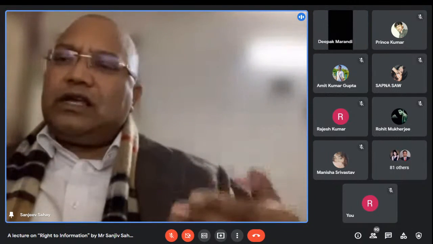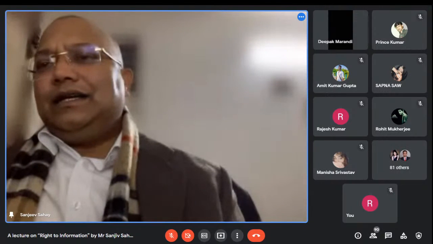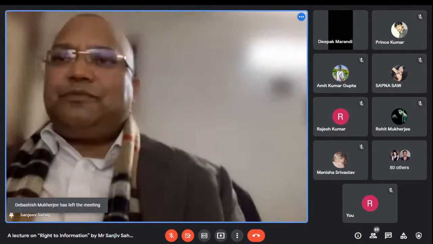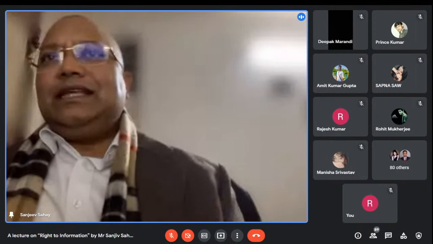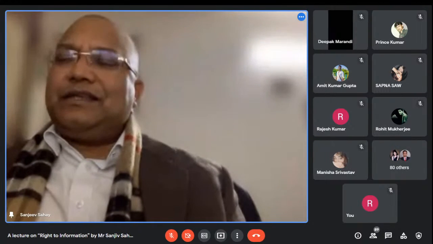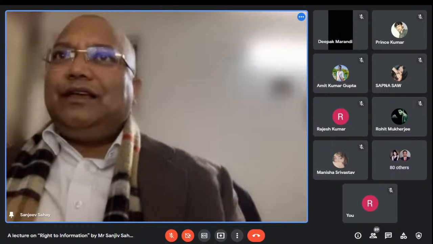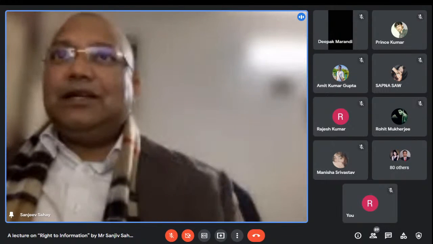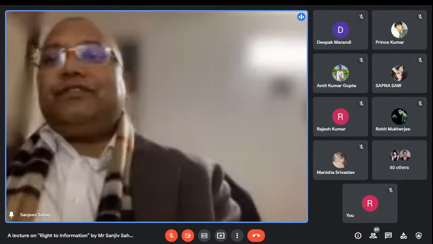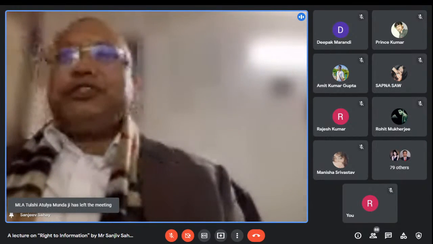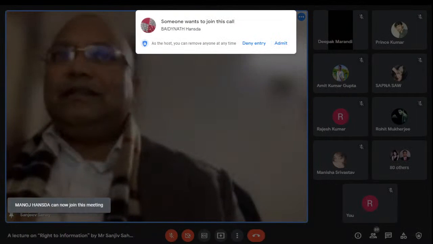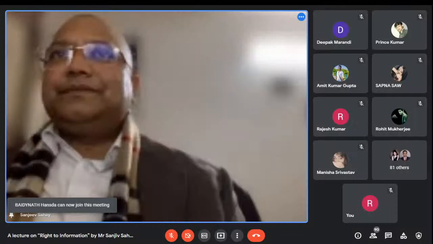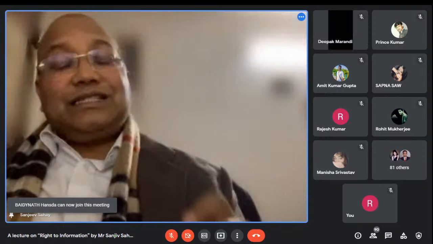Now, the replica of the CIC is the SIC, the State Information Commissioner, which you find in Section 15. Here the committee of appointment remains similar, but the Governor will appoint on the recommendation of a committee consisting of the Chief Minister, the leader of opposition of the legislative assembly, and one cabinet minister nominated by the Chief Minister.